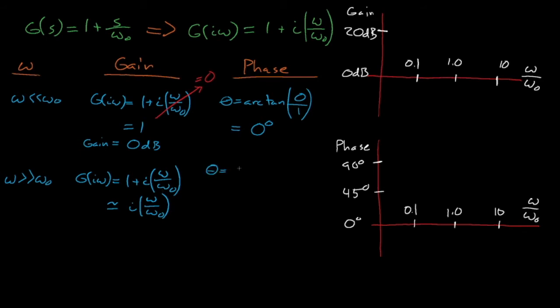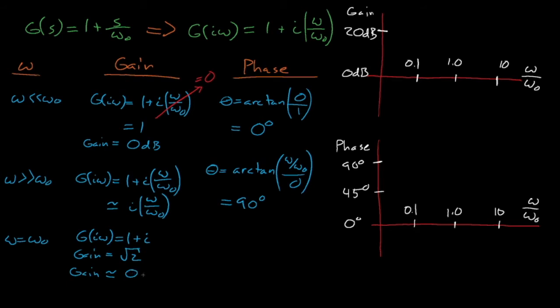Since our real component is approximately equal to 0, our phase is equal to the arctan of a large value, which is roughly equal to 90 degrees. When omega is equal to omega naught, our gain is equal to the square root of 2, which is just above 0 decibels. The phase here becomes equal to 45 degrees, which is right between the phases for low values of omega and high values of omega.